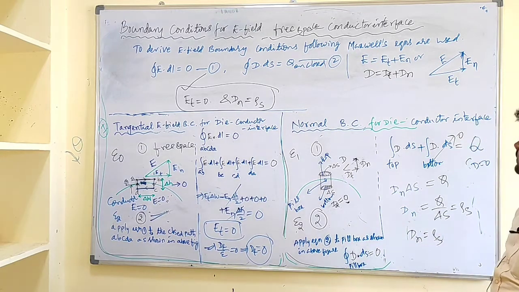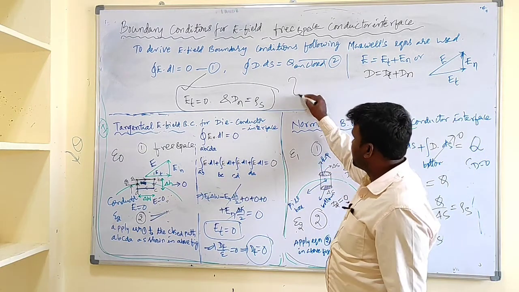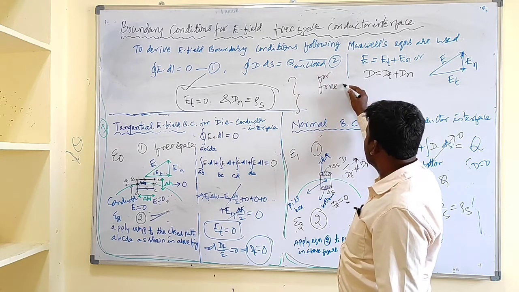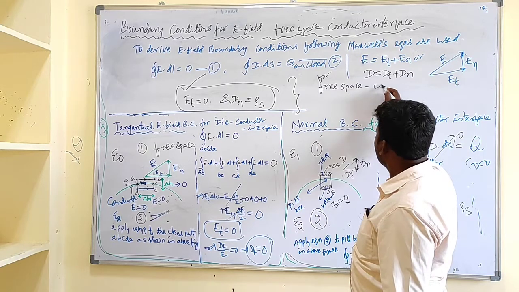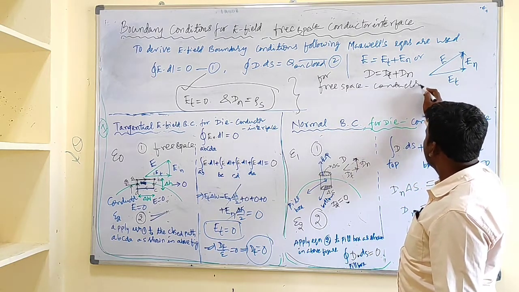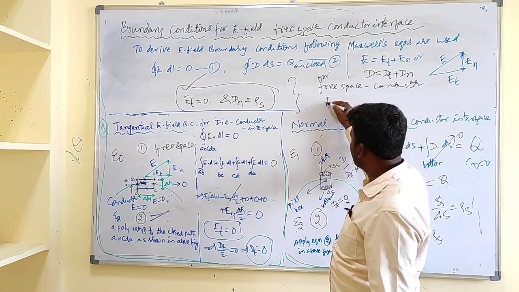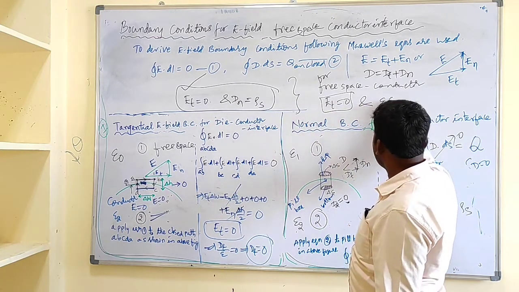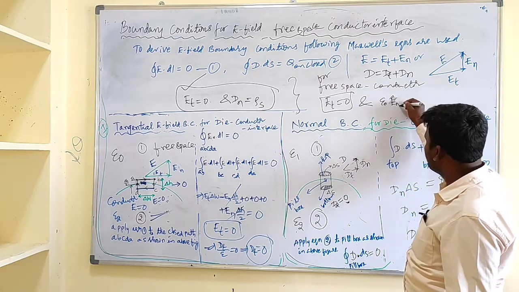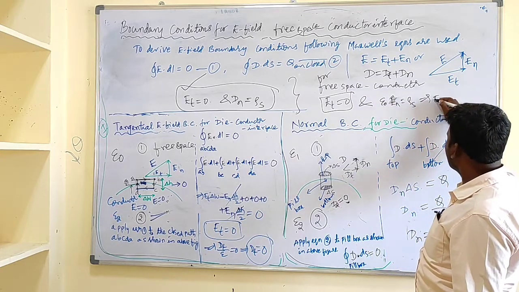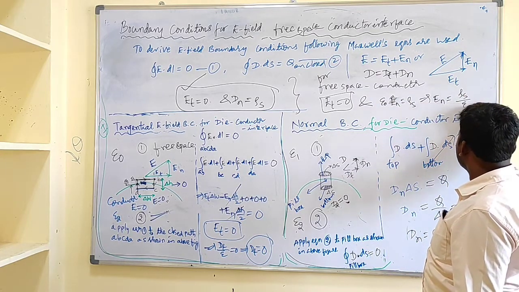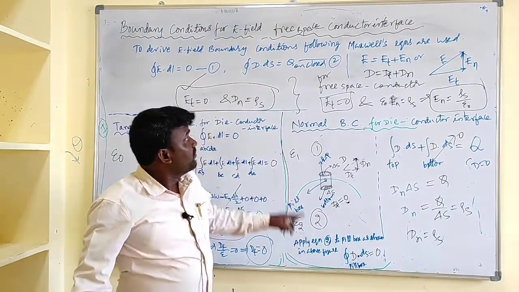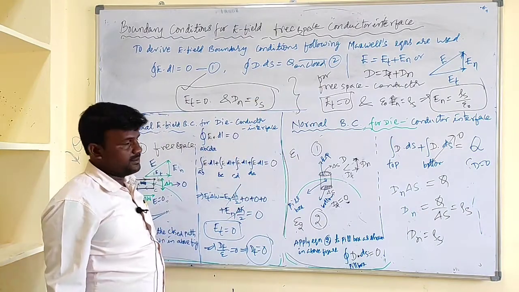So for the free space conductor interface, the boundary conditions are: first, Et equal to 0, and second, Dn can be written as epsilon naught into En equal to rho s, that is, En equals rho s by epsilon naught. These are the boundary conditions for free space and conductor.